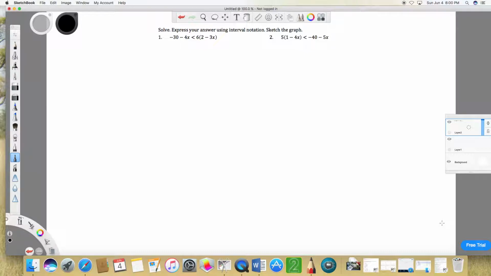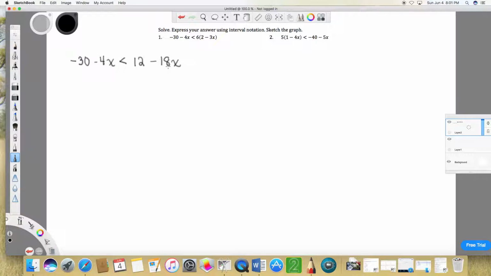So let's jump in and see what number one has here for us. On the left-hand side, we've got negative 30 minus 4x, and that's strictly less than, and let's distribute that 6 to both terms. So I like to collect my x's on the left-hand side and my constants on the right-hand side.